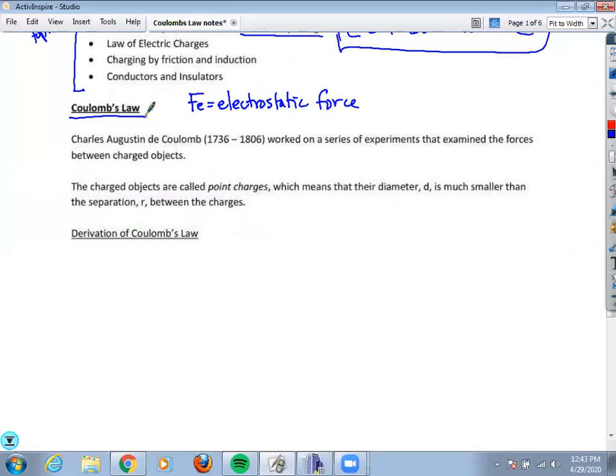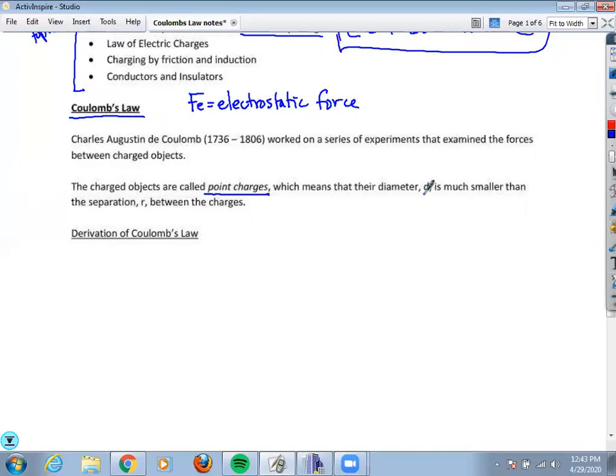So Charles Augustin de Coulomb, the French physicist, worked on a series of experiments and examined the electric forces that existed between charged objects, and he came up with a law that quantified the amount of electric force.